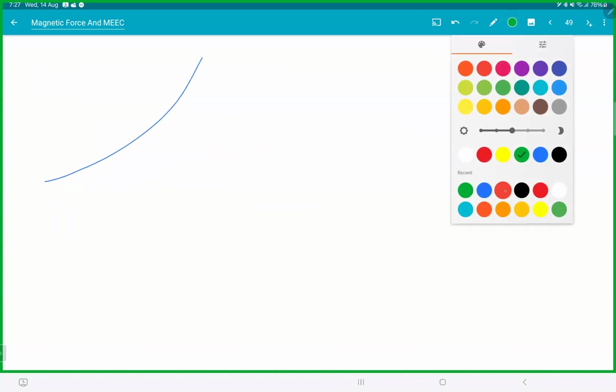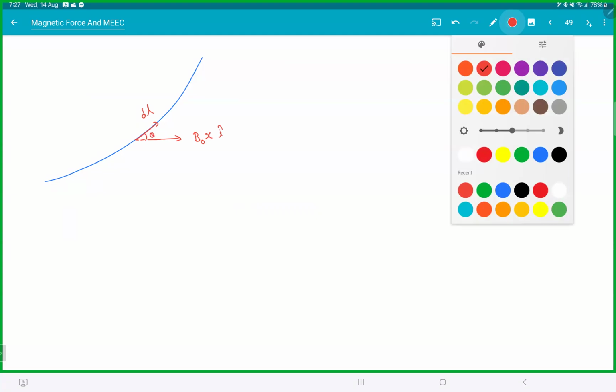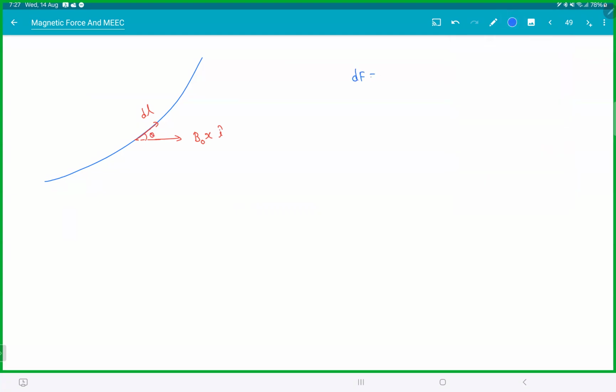So if I take a small segment here, dl, now B is this way. Now the angle matters actually. So dF would be I dl cross B, that would be b naught x sine theta. So at this point, if you take a tangent, this would be your dx. Tan theta would be dy by dx, which is 2x.